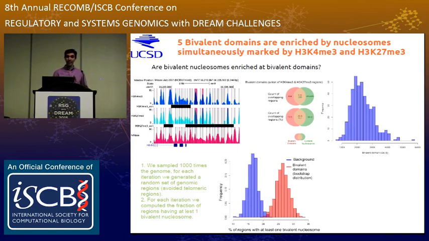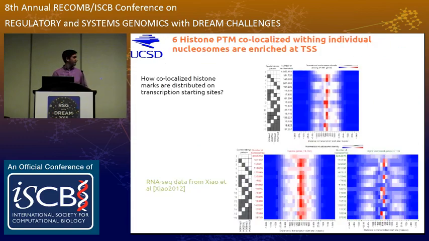Another functional element that we studied was the transcription starting site. So here, again, you have the different combinatorial patterns, and here you have all the genes, regardless of gene expression, centered around the transcription starting site, plus minus 1.6 million bases.